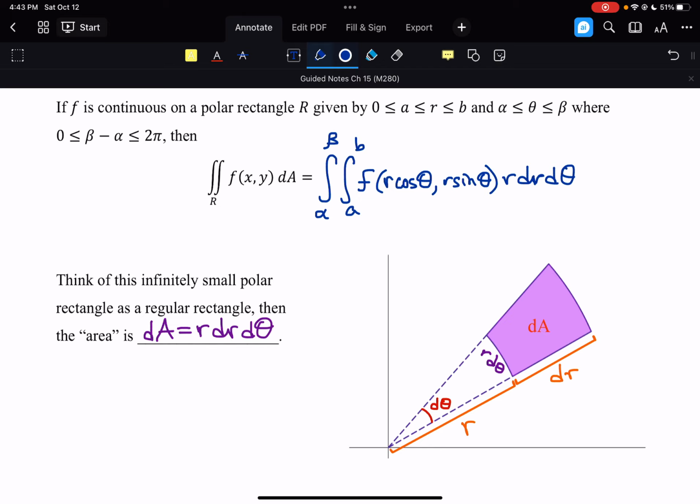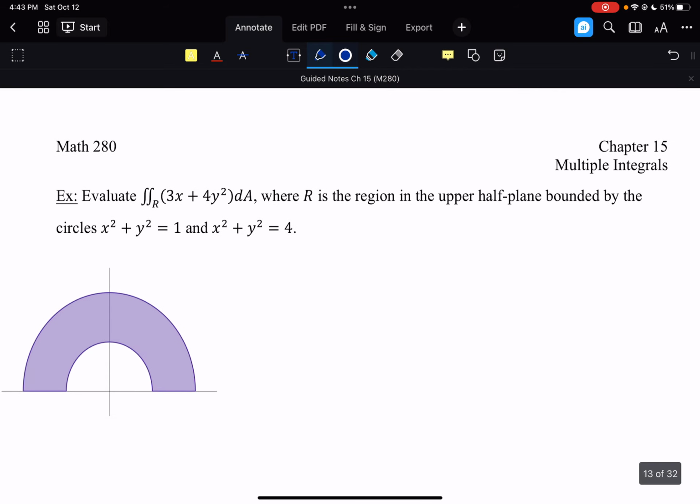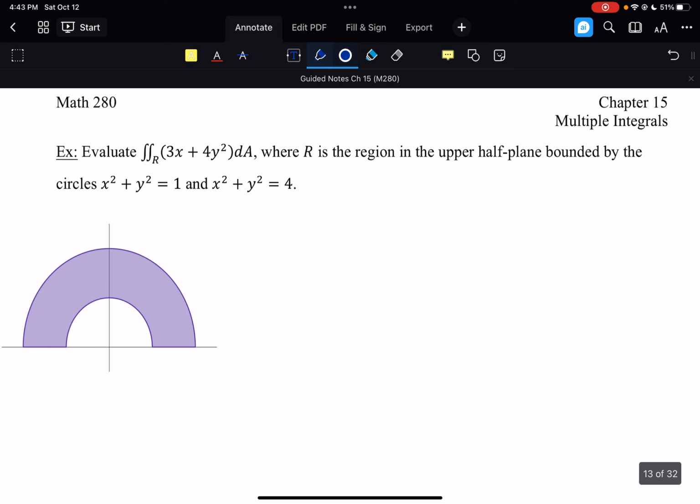So let's go ahead and take a look at an example here. Evaluate the double integral over R of 3x plus 4y squared dA, where R is the region in the upper half plane bounded by the circles x squared plus y squared equals 1 and x squared plus y squared equals 4.